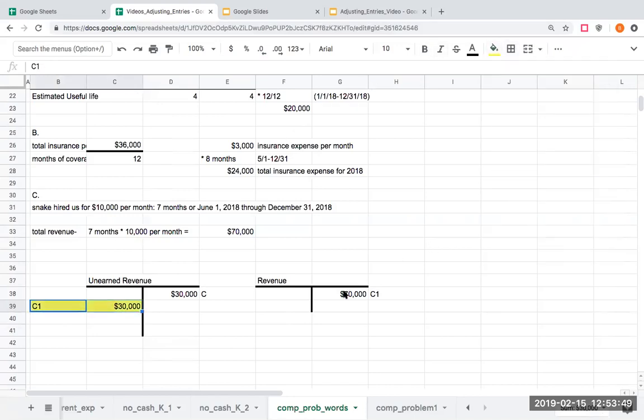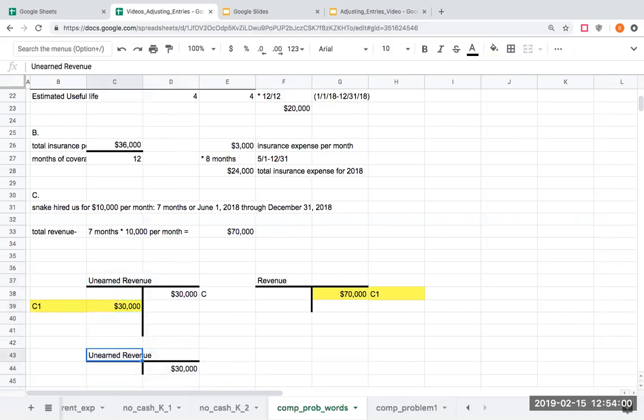At the same time, though, does my adjusting journal entry balance? The answer is it does not. What I need here is another debit for $40,000. And what is this debit going to be to? This is going to be to accounts receivable.